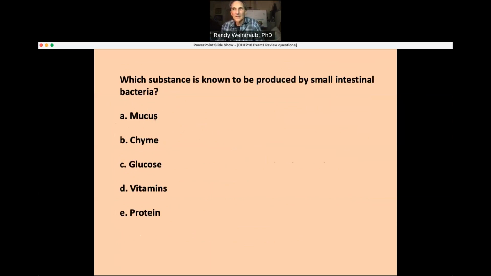Mucus, that's along the intestinal wall, and this is the semi-processed, semi-digested food. Glucose, that's a breakdown, the final, to go into the ATP production. Vitamins. There's some bacteria that make certain vitamins, such as a small amount of biotin, some B12, and some vitamin K.